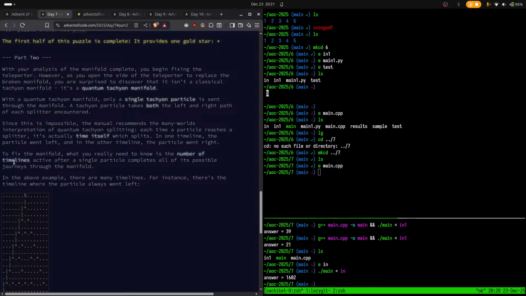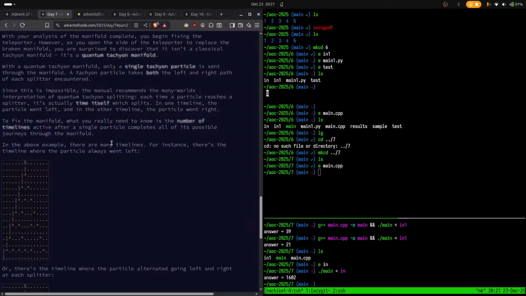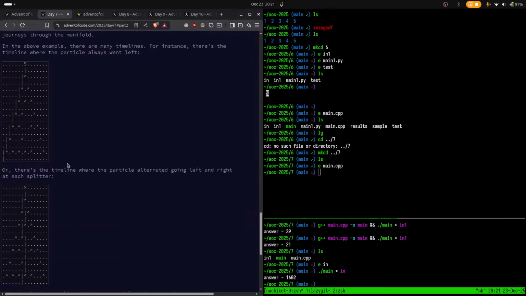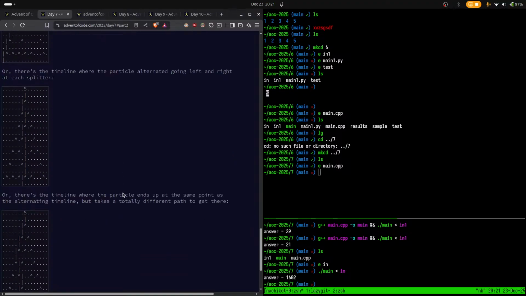Number of timelines active after a single journey. So, for example, there are many timelines. For instance, a timeline where the particle always went left. Path. A timeline where the particle alternated left, right at each splitter. Understood.